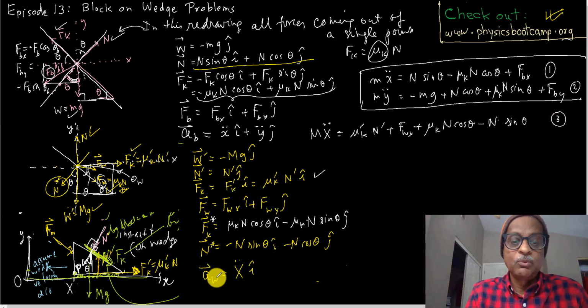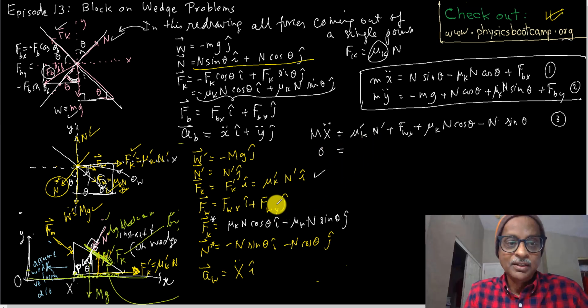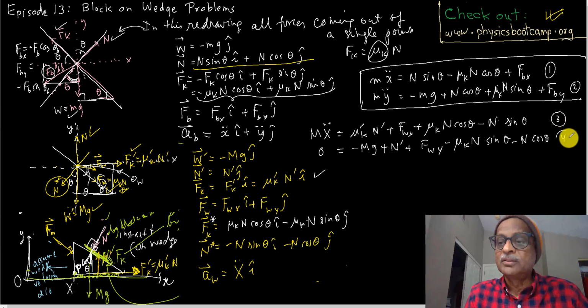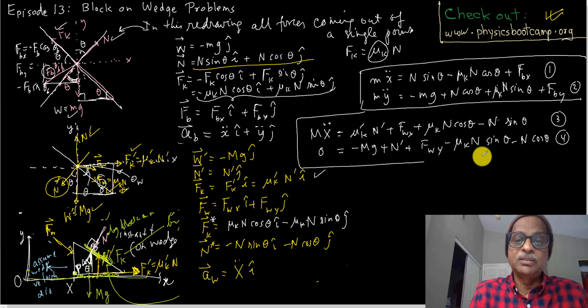And y component acceleration is 0, so 0 is equal to minus Mg from here, plus N prime from here, there's nothing from here, plus FWy from here, minus mu k N sine theta from here, minus N cosine theta from here, and that's it. So we have 4 equations.